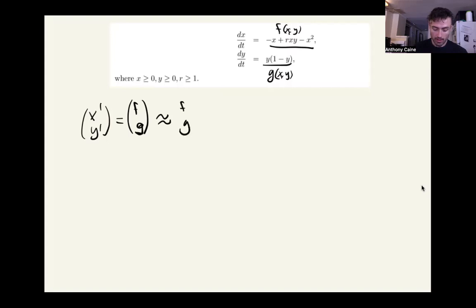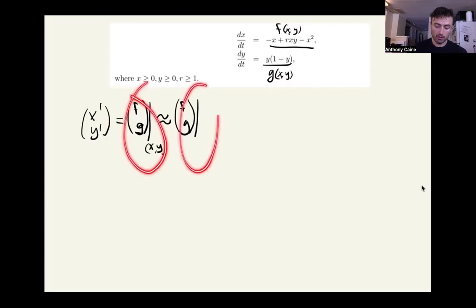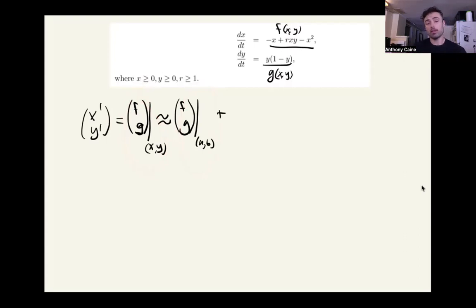So I'll write this as f and g, and now I'll emphasize this is evaluated at some spot x, y, but this is evaluated at the spot you used to be. So we're trying to approximate this value using this value. Where you used to be, I'm going to call (a, b), plus whatever the first derivative is times the change. And when I say whatever the first derivative is, in Calc 1, it's just the derivative.